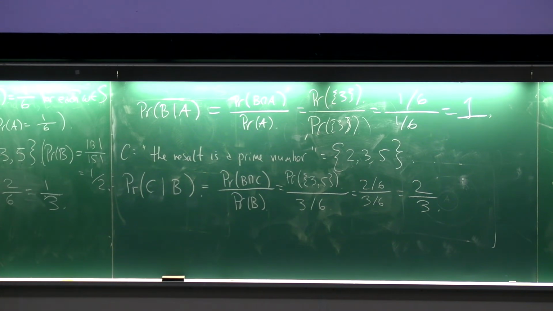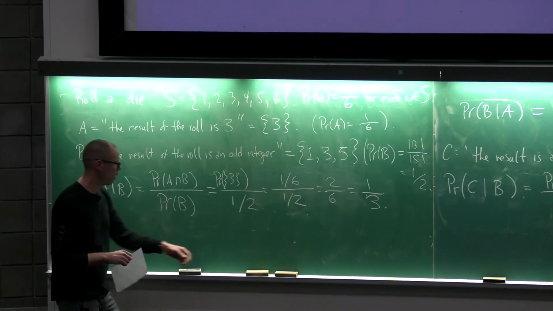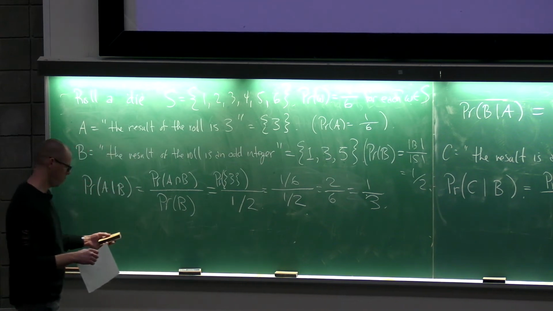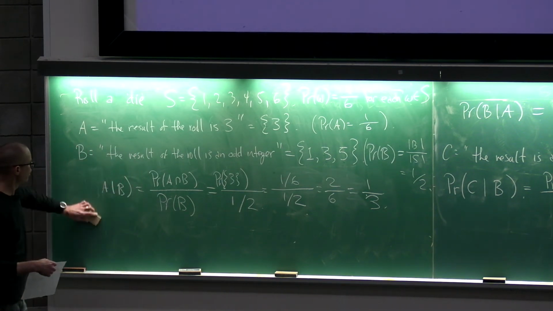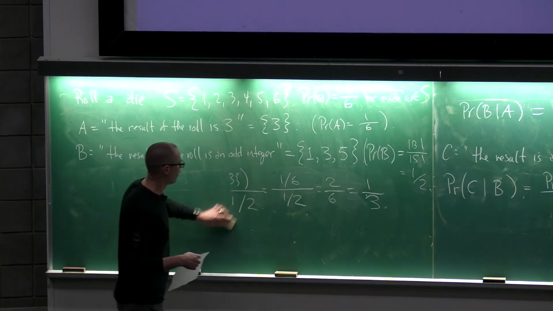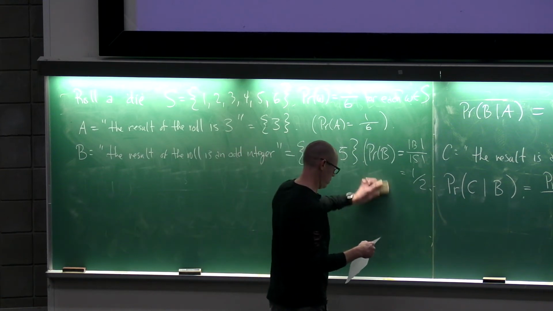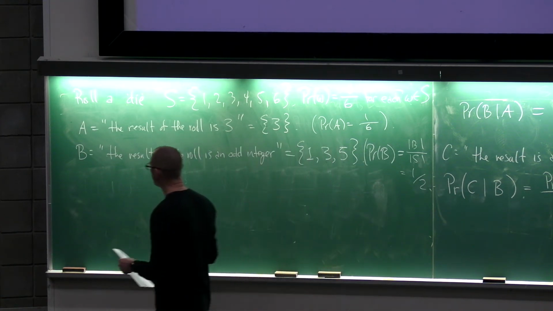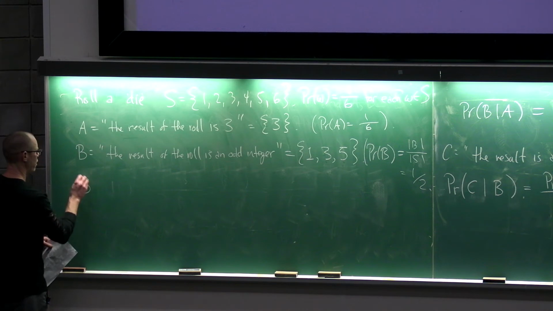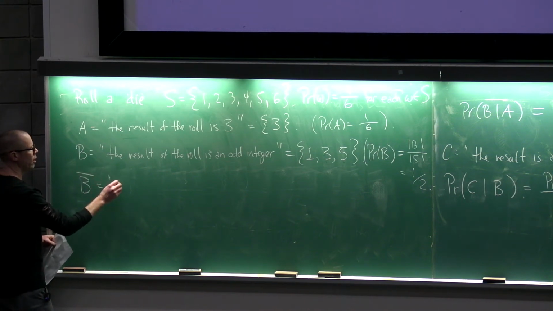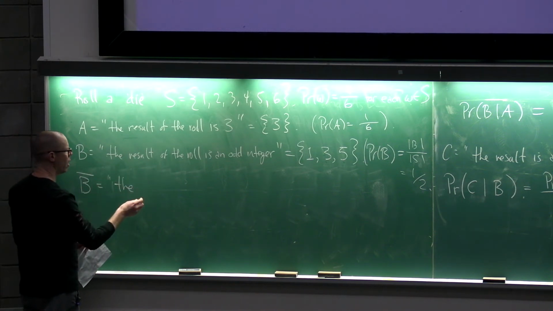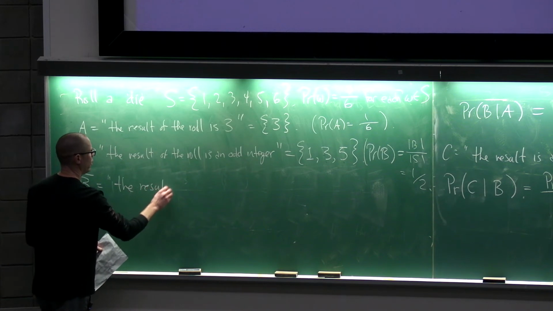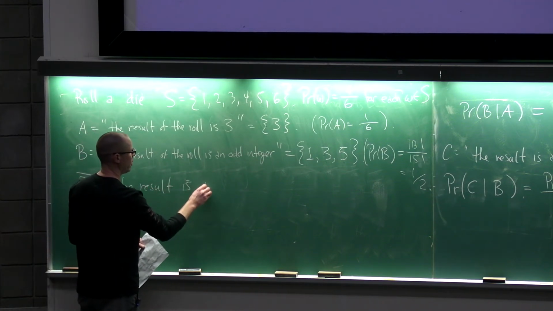So if this is what we call B, then that must mean that not B, the complement of B, if it's not odd, the result is even.